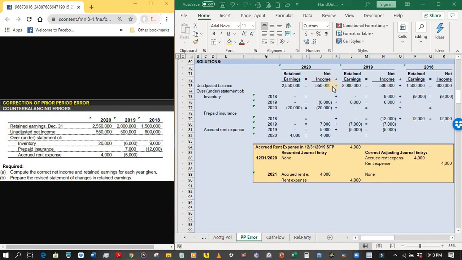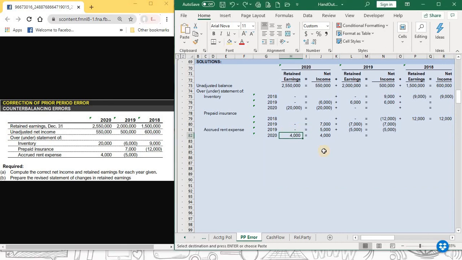That is why in order to correct the 4,000 understatement of the 2020 net income, we have added the 4,000 pesos to the net income, as well as in the retained earnings for 2020. So this ends the analysis of the effects of the error corrections, which are all counterbalancing errors.